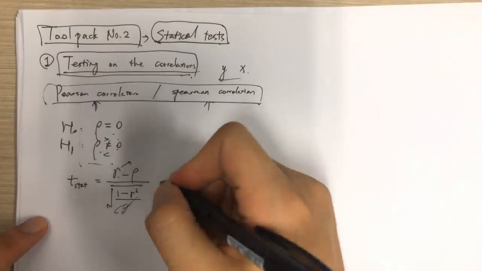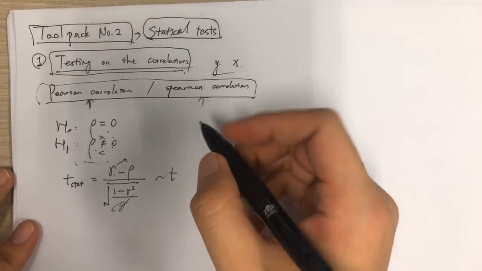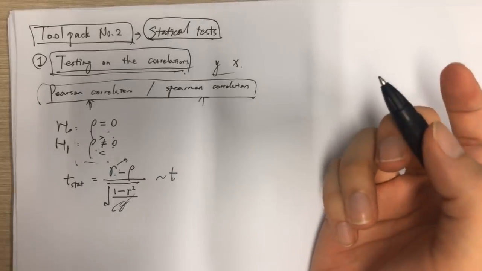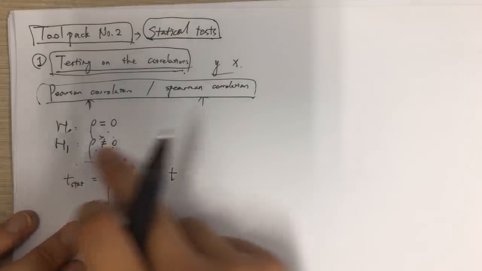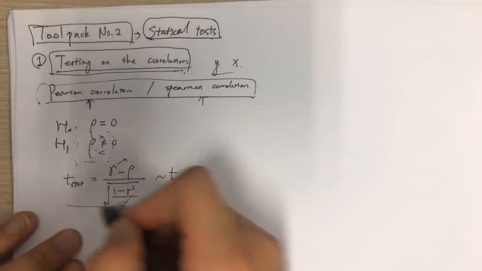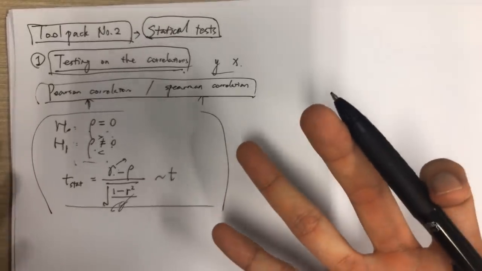Rho is the population correlation. It follows a t distribution with degrees of freedom n minus 1, I suppose. I don't know, but just go back and look at your formula sheet or your slides.